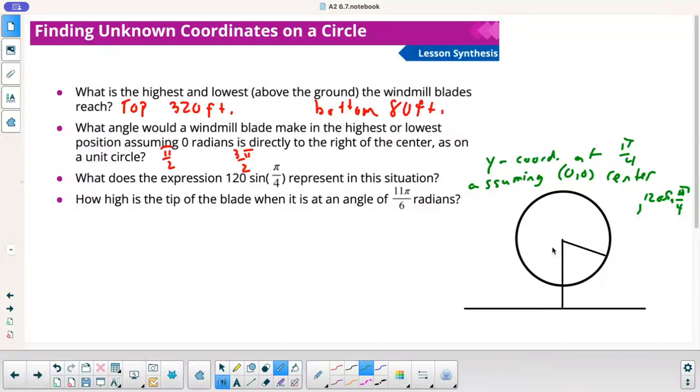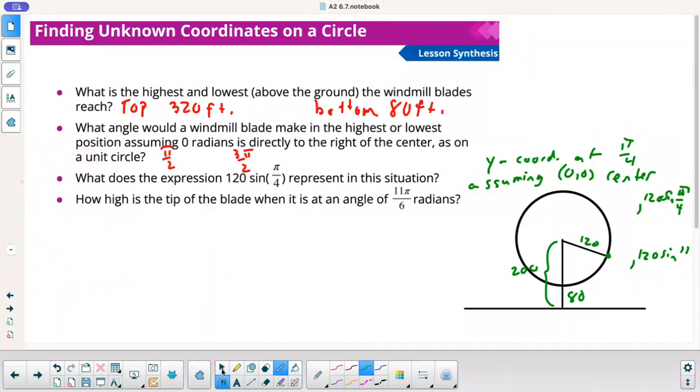Okay, so how high is it? Well, this was 200, which would make this 80. Radius is 120. So this y coordinate is 120 sine of 11 pi over 6.